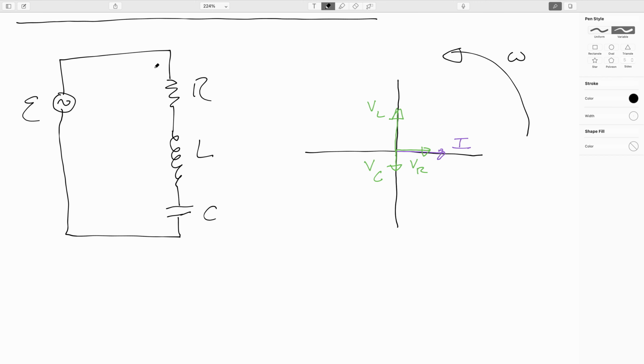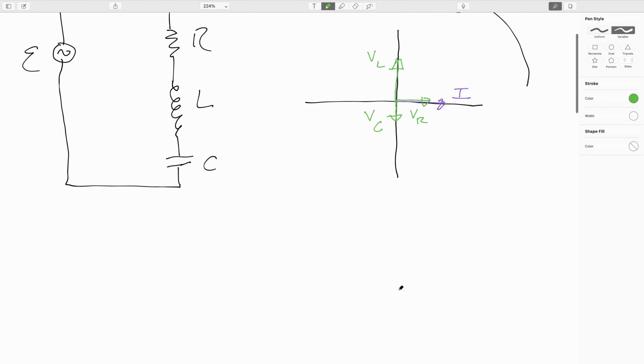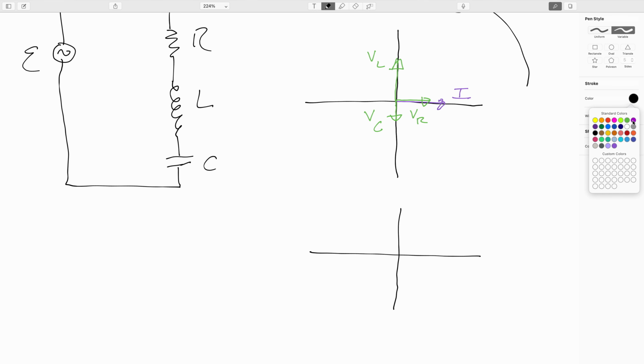So to find the applied voltage phasor, what's associated with our EMF, we know that by Kirchhoff's loop law, the voltage here would have to be equal to the sum of the voltages here. And the beauty of the phasor technique is we can just add the phasors as if they were vectors. So let me redraw that down here real quick. Again, I'll draw in the current phasor pointing straight right, just so we have a point of reference. And we'll add them up.